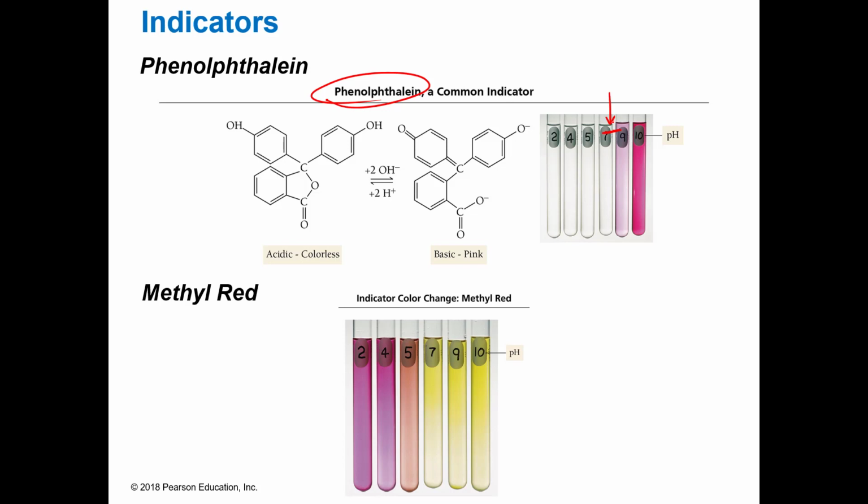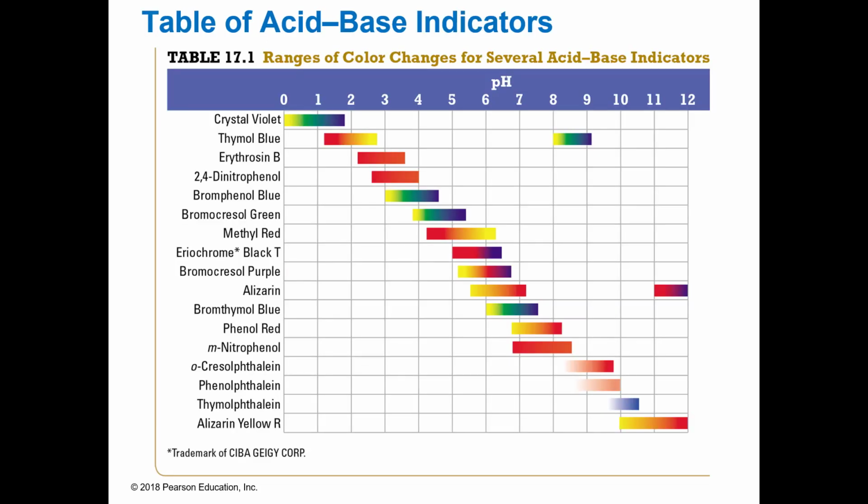Methyl red will give you more of a transition. It'll go from the acid side, from 5 to 7, and go from pink to an almost mauve color to yellow. So it just depends on what you're trying to see and which way you're going in a titration. This is just a table of all the different types and what their ranges are, and some of them have 2 different ranges, which is good if you've got a polyprotic acid.